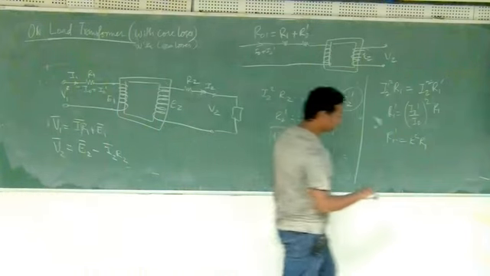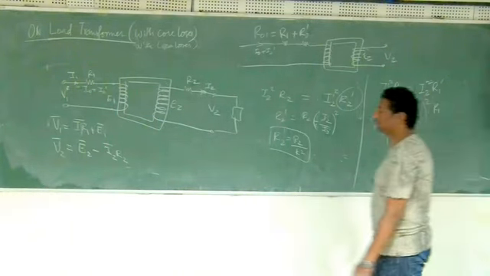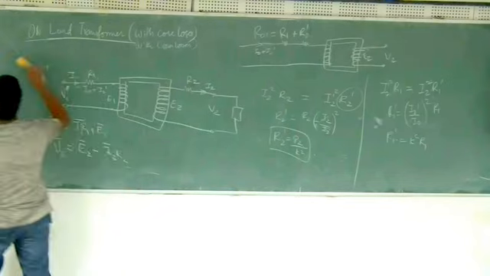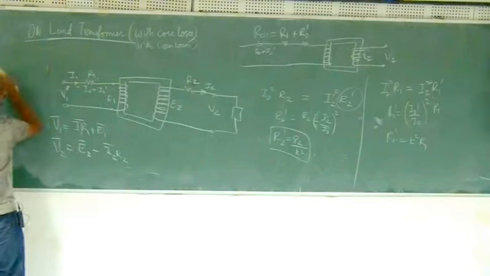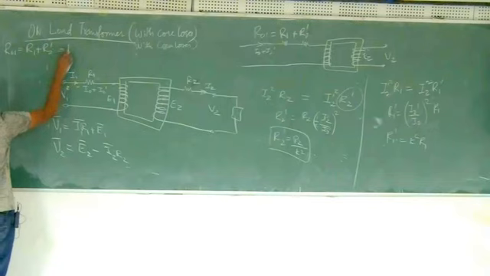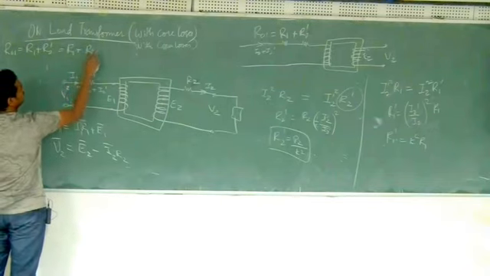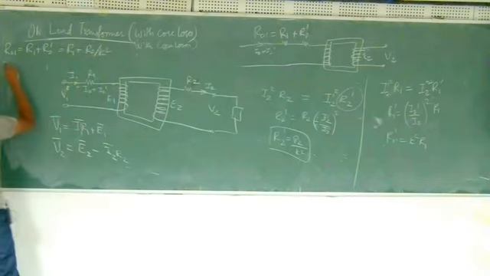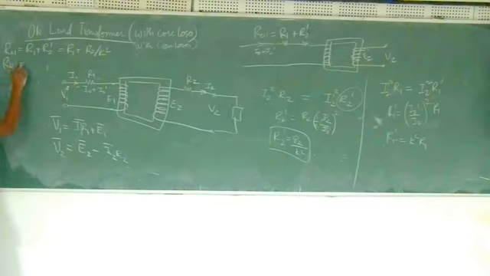So anyway, I'll write it here. Maybe here I'll write it. So R01 is equal to R1 plus R2 dash, which is equal to R1 plus R2 by k square. What is R02?